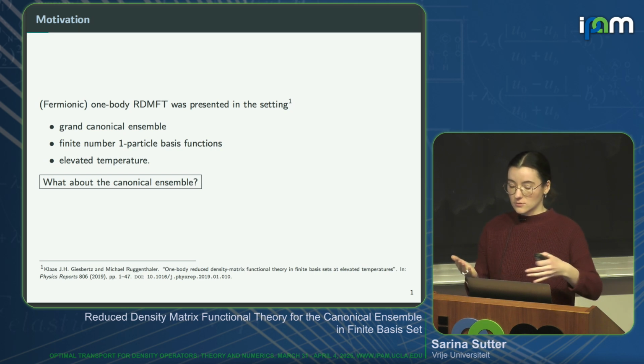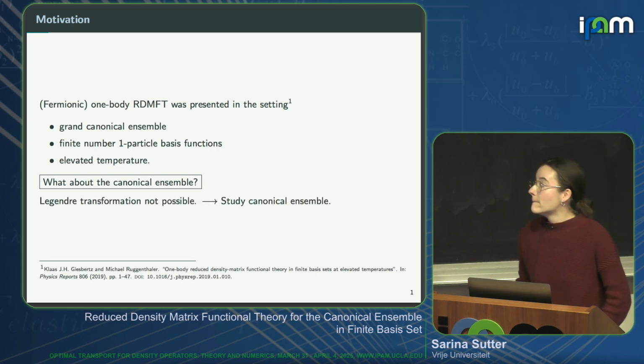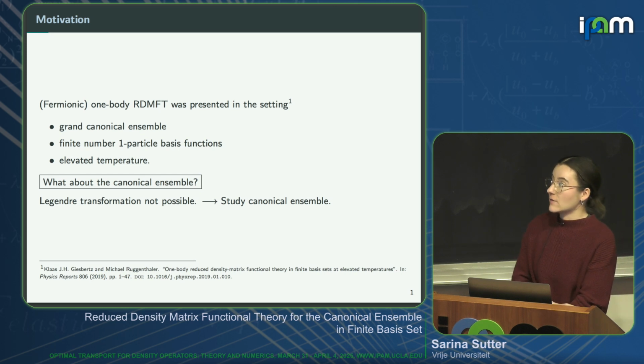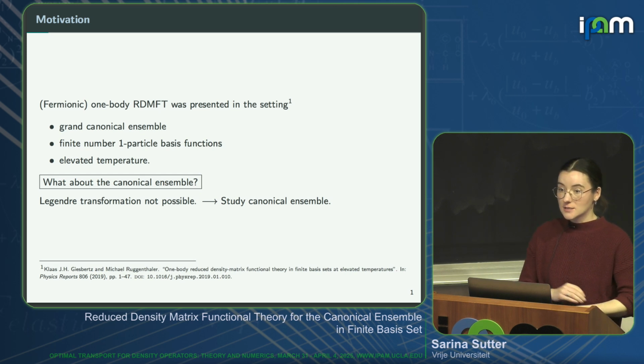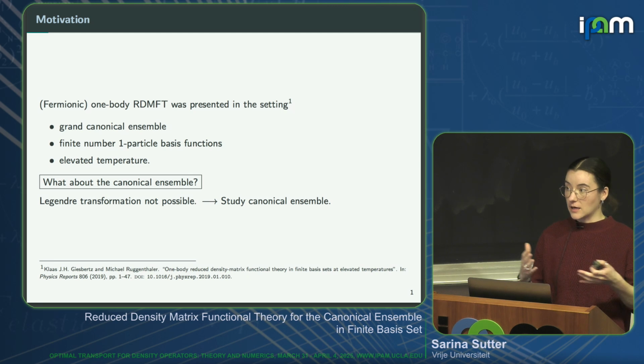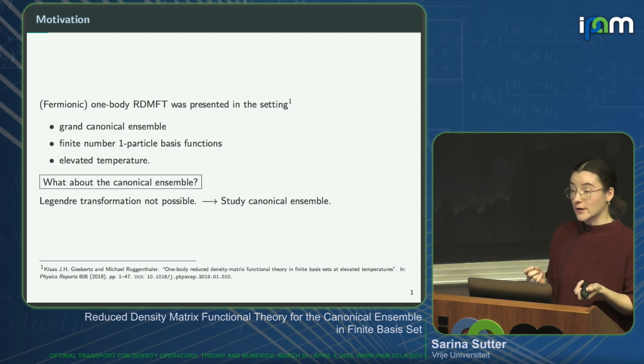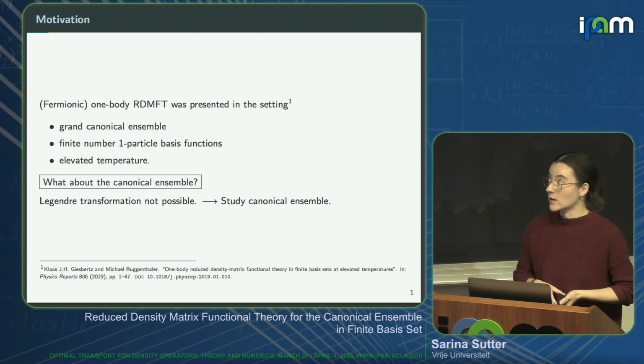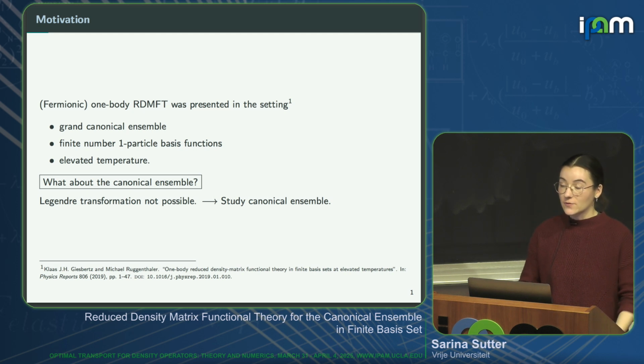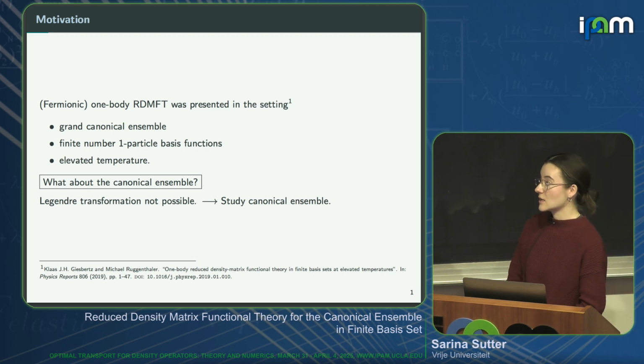So we could think to just transform it back, but for the quantum case this is not possible because the underlying spaces are not the same. For the canonical ensemble, we work with the n-particle Hilbert space, whereas for the grand canonical ensemble, we work with the Fock space. So we cannot do that, and we need to study the canonical ensemble separately.